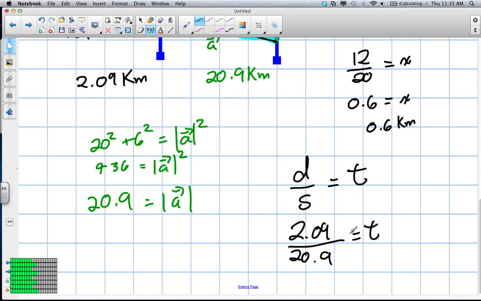So her time, being t, will be the division of these two, which is 0.1. So she travels 0.1 hours. What is 0.1 hours? Yeah. It takes her 6 minutes to get across that river, is what we figured out. That was the B part of the question.